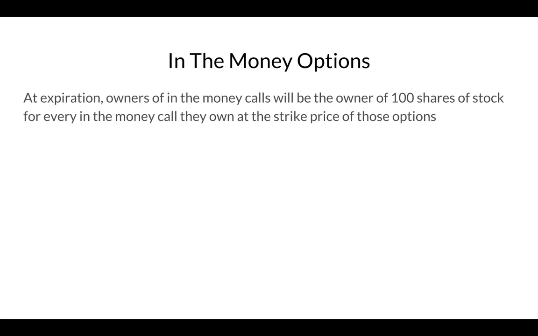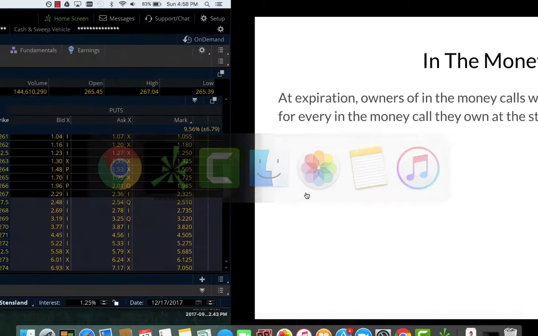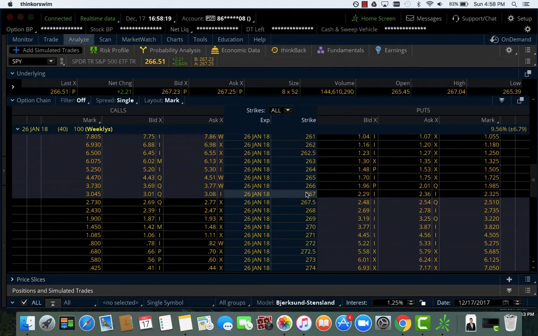So at expiration, owners of in the money calls will be the owners of 100 shares of stock for every in the money call we own at the strike price of those options. So if we go back to the exact same options chain, this option chain expires 40 days from now. But let's say it expires right this second, and we are the owner of a 265 call.